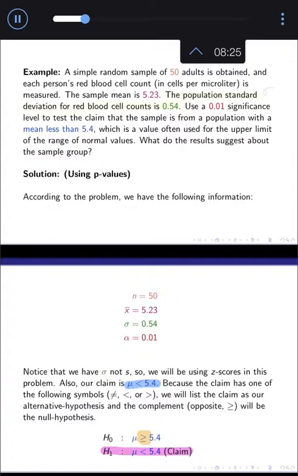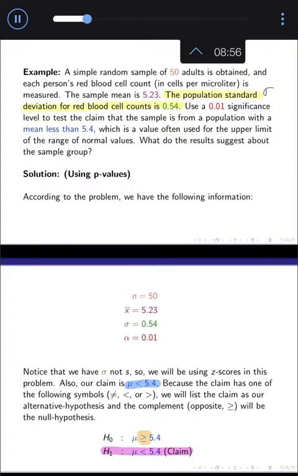Now the question is, what kind of test are we going to do? Well, if you go back to the original problem, we notice that they said specifically that the population standard deviation for the red blood cell counts was 0.54. This means that they are flat out telling us that we have sigma.